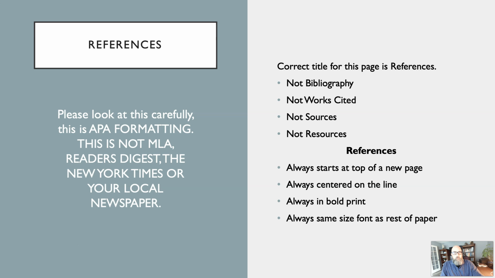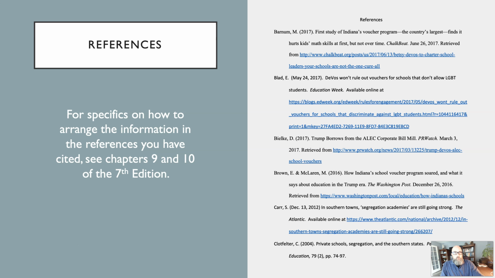Here's an example. Now, I am not looking at, in this course, the detail for your references as will be looked at as you get into your Lit Review and some other courses that you will be taking. But this is a basic idea of what it should look like.